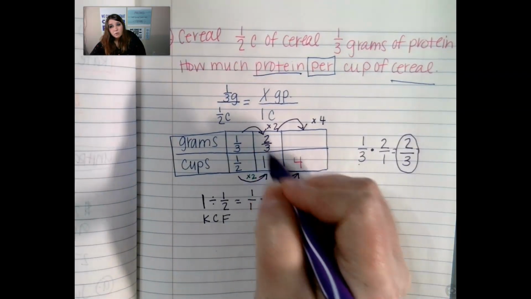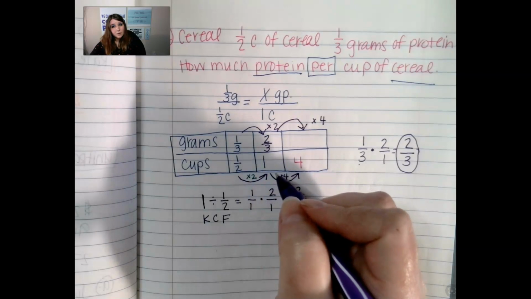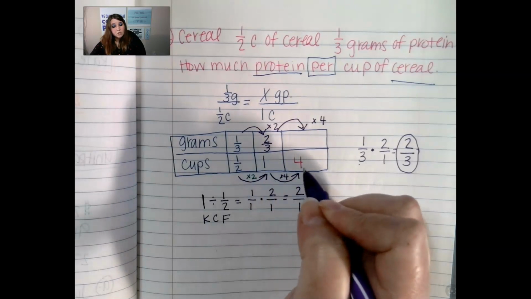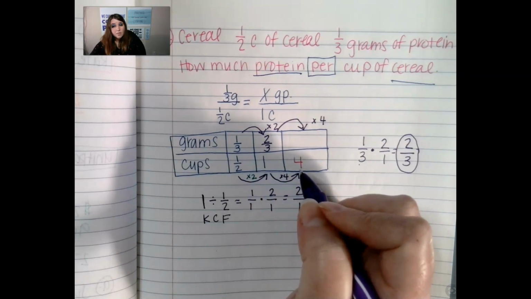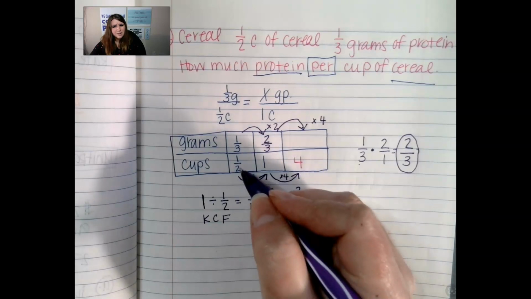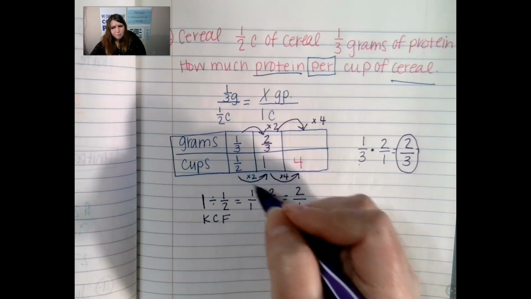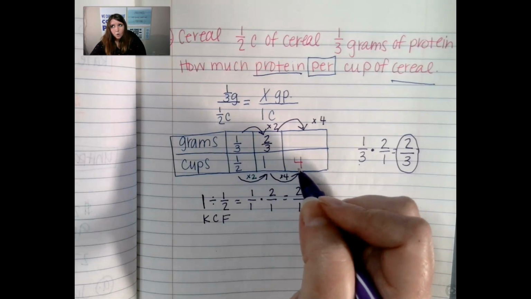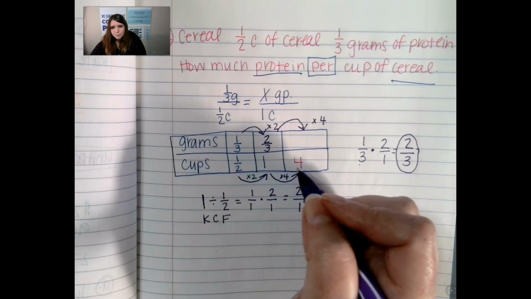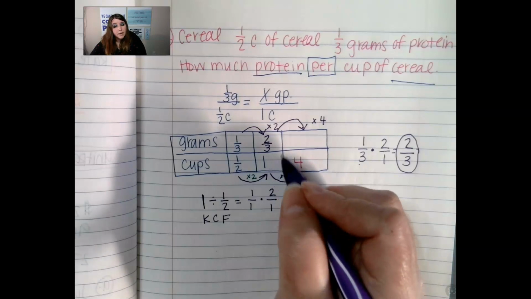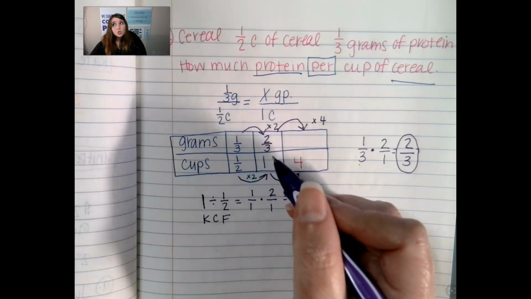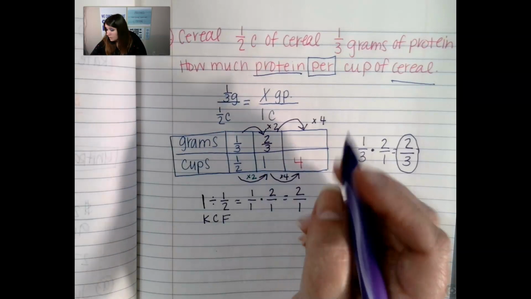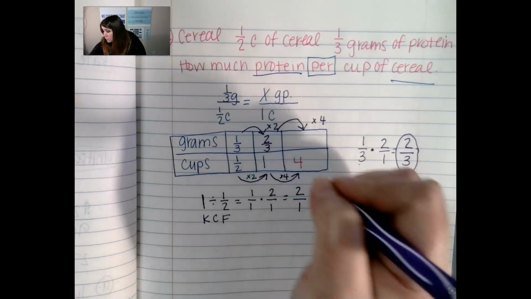Using this unit rate is a really easy way for us to move to our next box without having to guess what did I multiply a half by to get to 4, or 4 divided by a half. Like, it just gets really funky right there. So going back to this unit rate of 1 makes things so much easier for us. So 1 times 4 is 4.